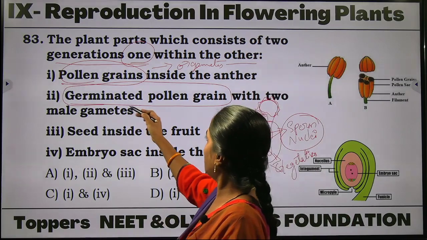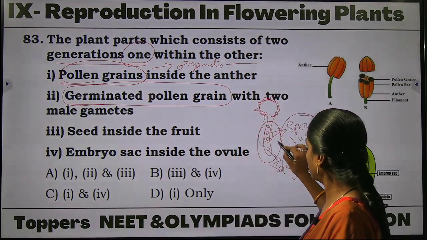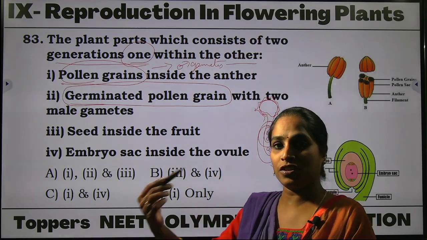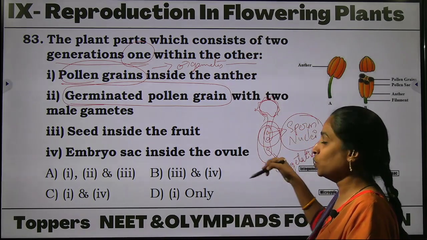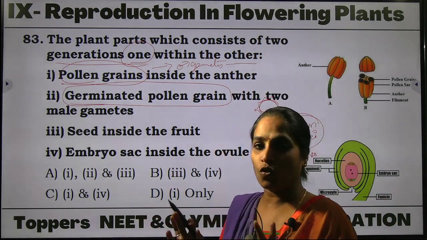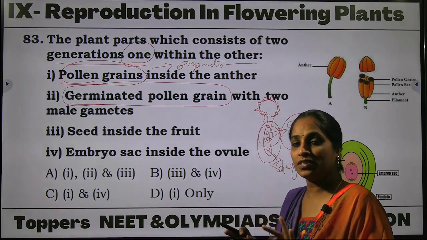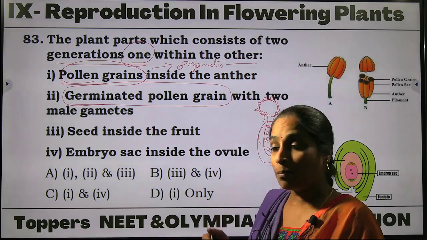So germinated pollen grain with 2 male gametes. Is this the correct next generation which is stored inside the pollen grain, ready to penetrate into the female one? He is just asking what are the next generation cells which are present in the plant.